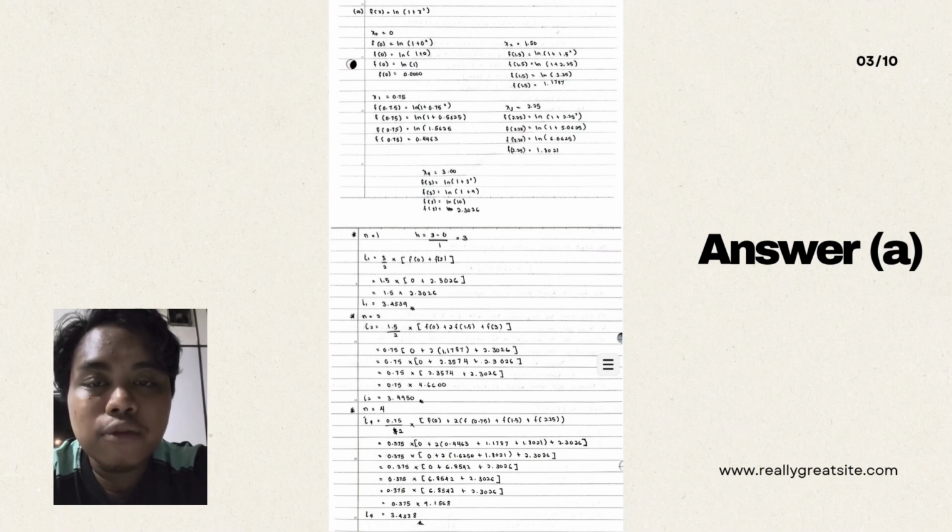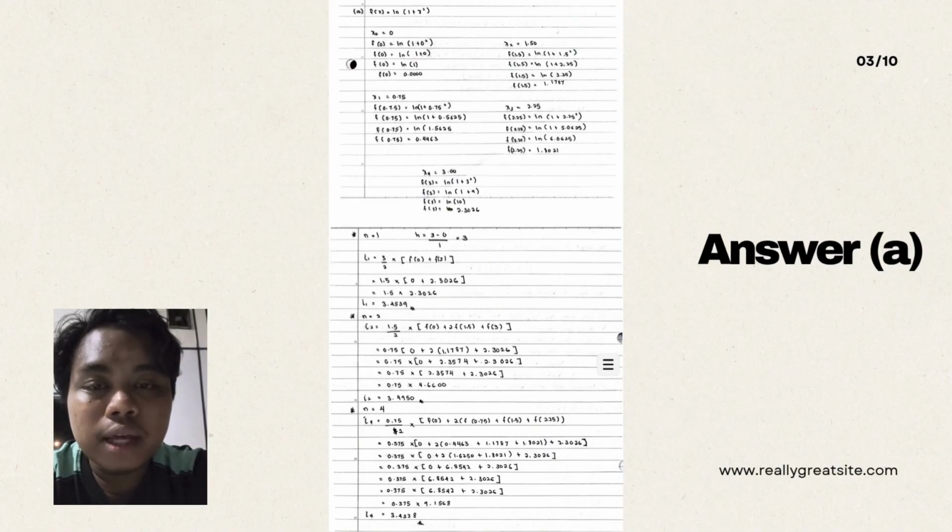For n equal to 4, h equals (3 minus 0) divided by 4, equal to 0.5. So we substitute into the formula: I4 equal to 0.5 divided by 2 times the bracket f(0) plus 2 times f(0.75) plus f(1.5) plus f(2.25), plus f(3).